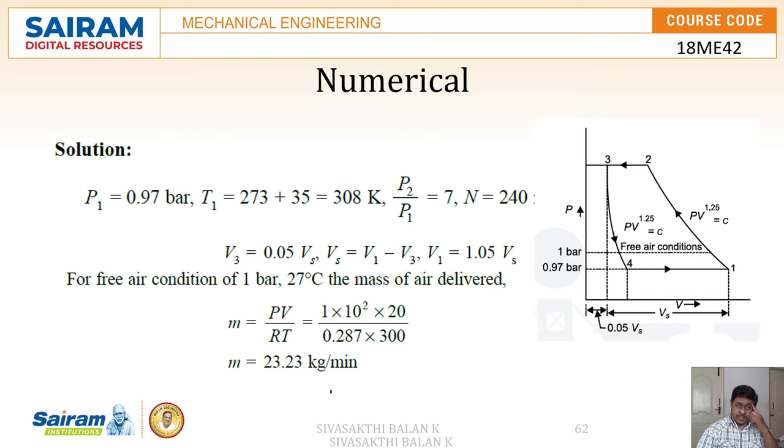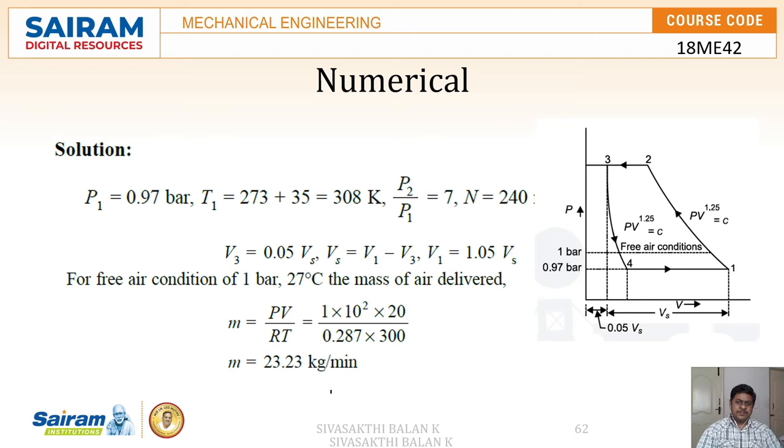and the other data given in the problem are pressure at the end of the suction or the beginning of the compression is 0.97 bar, and T1 is also given as 35 degree centigrade or equal to 308 degree Kelvin, and the pressure ratio is given as 7, that is P2 by P1.